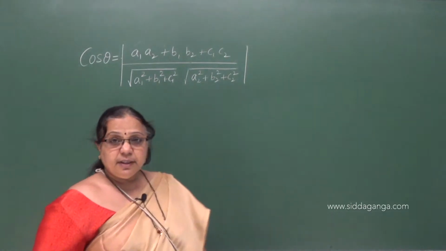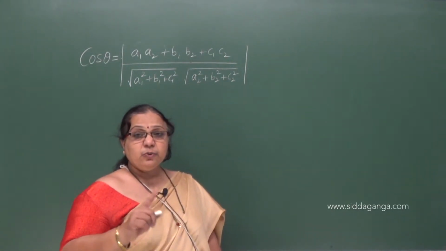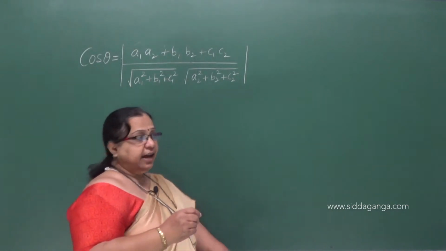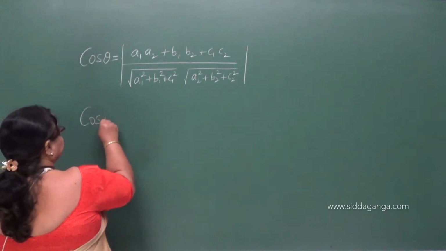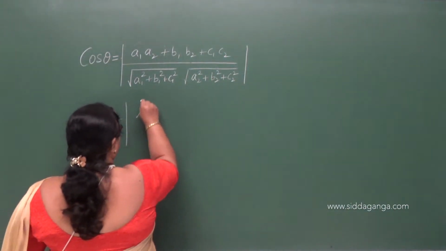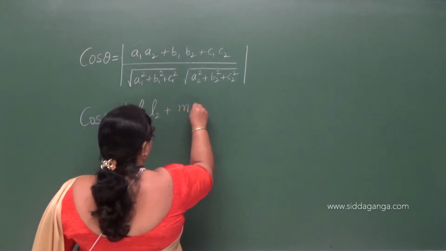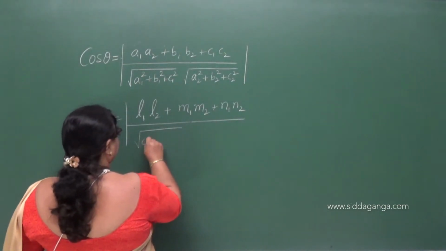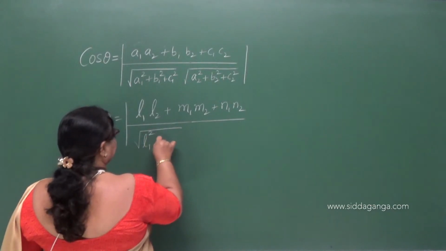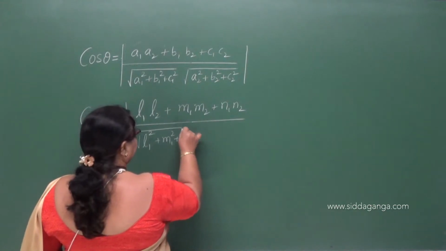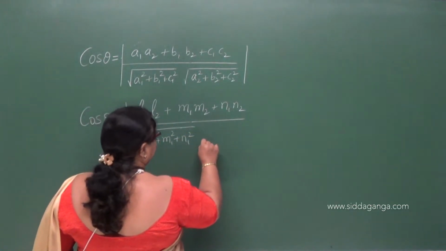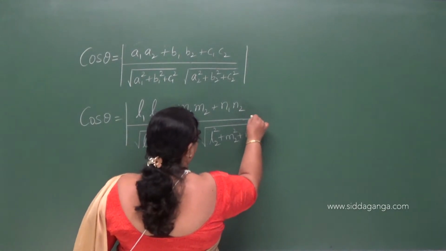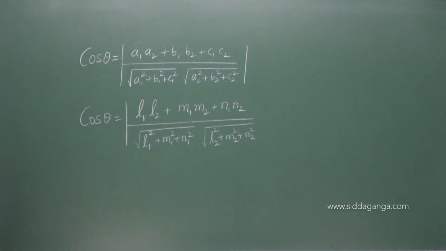Similarly, if L1 M1 N1 and L2 M2 N2 are the direction cosines of the two lines, then the angle between them is given by cos theta equal to L1 L2 plus M1 M2 plus N1 N2 divided by root of L1 square plus M1 square plus N1 square, whose value is nothing but 1, and root of L2 square plus M2 square plus N2 square, whose value is also equal to 1.